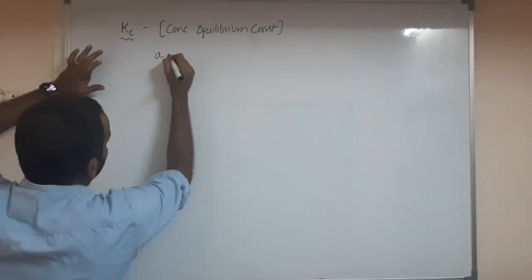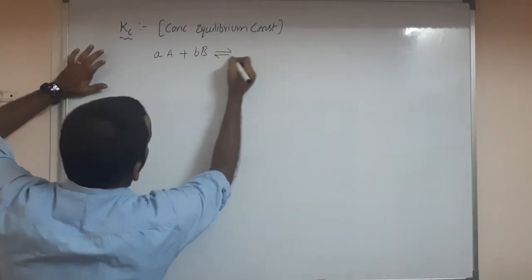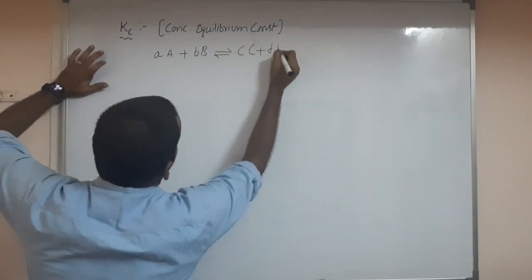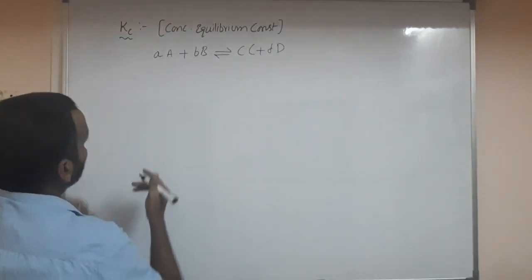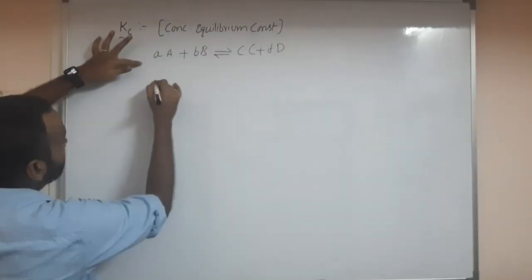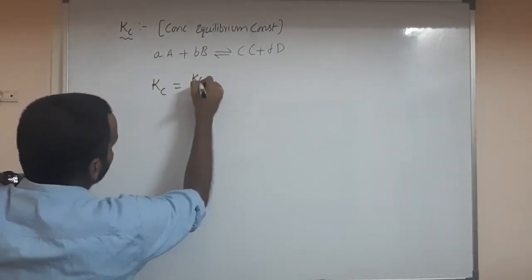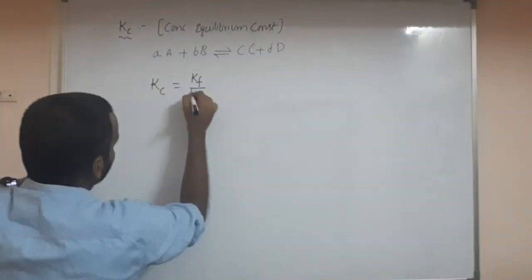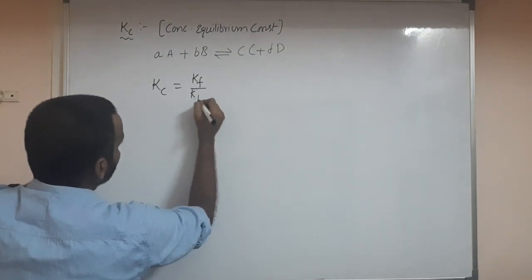For a reaction aA plus bB in equilibrium with cC plus dD, as I told you previously, Kc is equal to Kf by Kb. Kf by Kb, important.